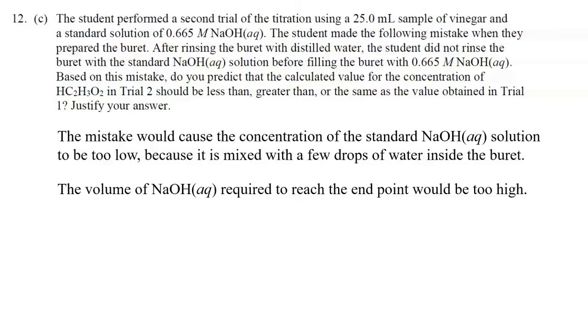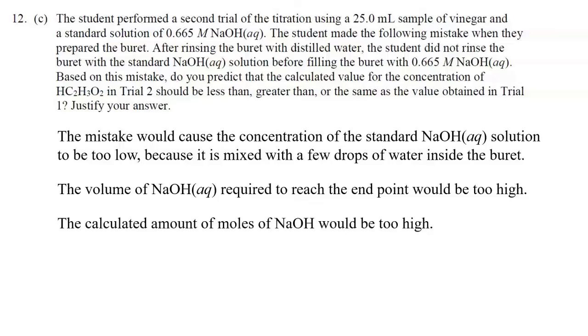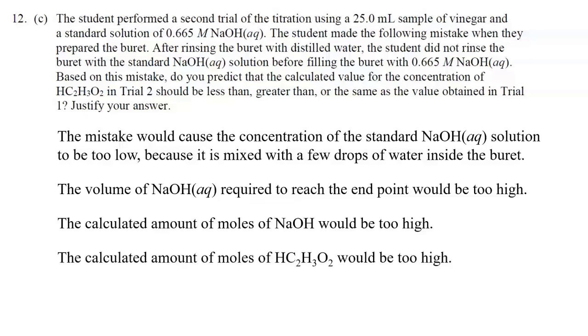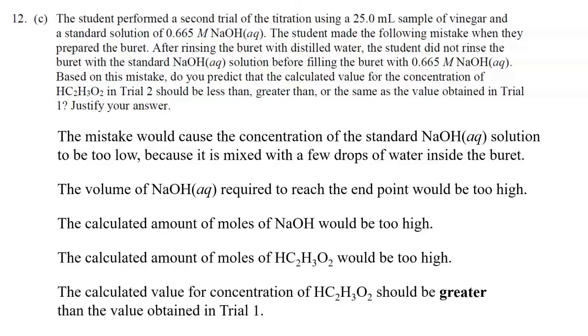And then when you calculate the number of moles of sodium hydroxide, that value would be too high because you're doing volume times molarity to get moles. And if your moles of sodium hydroxide is too high, then your moles of acetic acid would also be too high based on that 1-to-1 ratio. So the answer is that the calculated value for the concentration of acetic acid in trial 2 should be greater than the value obtained for trial 1.